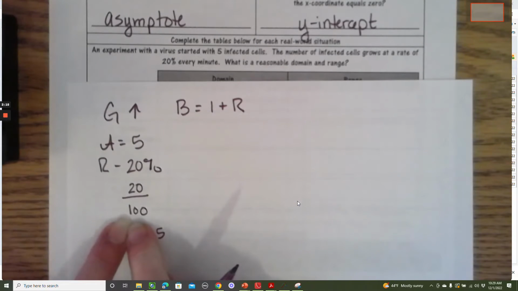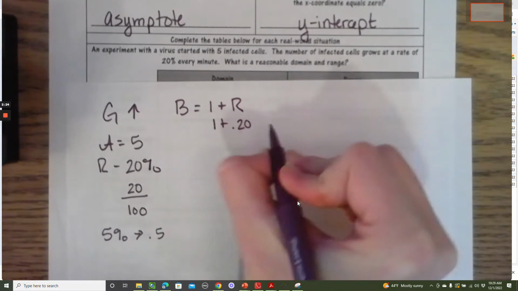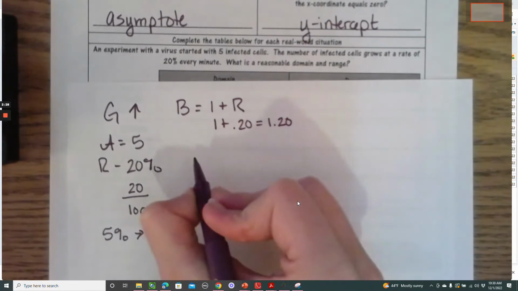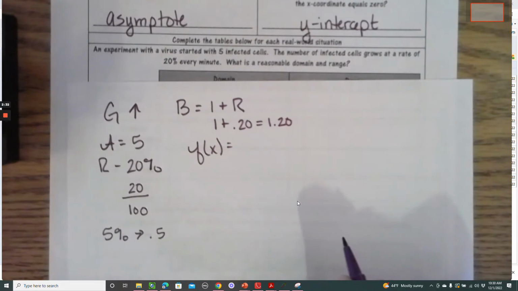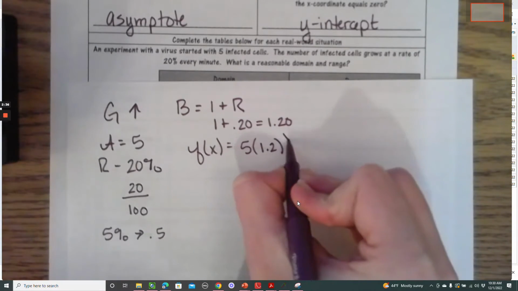So, when in doubt, make it a fraction, put it over 100, type it in your calculator, and that'll do it. So, 1 plus 0.2 is 1.20, right? So, our function f of x equals 5 times 1.2 to the x.